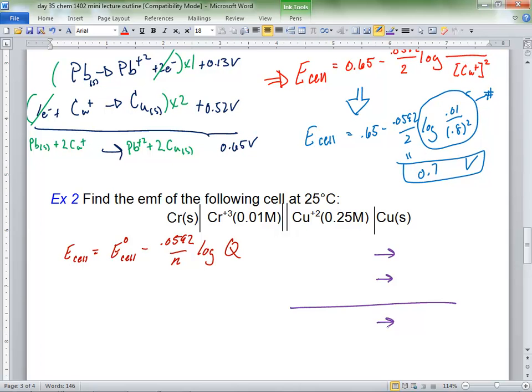You can figure out what little n is going to be, and you might be able to tell just by looking at it. It's going to be 6. You can tell the Q expression just by looking at the cell notation, but it's skipping a lot of steps, and it doesn't take very long to figure out what the overall reaction is. So I suggest finding it rather than trying to skip stuff.